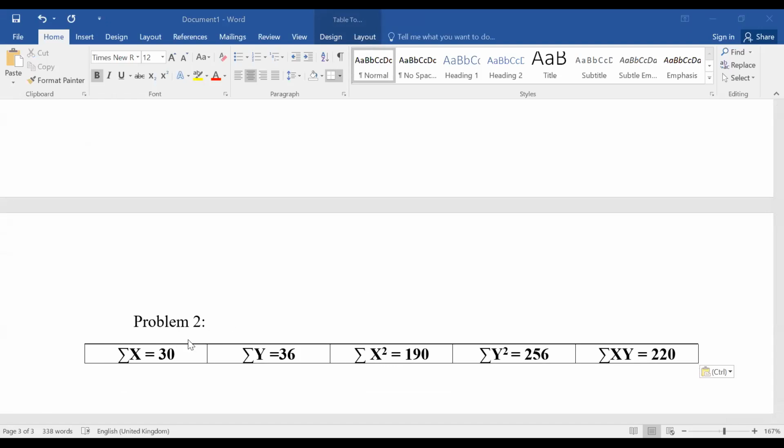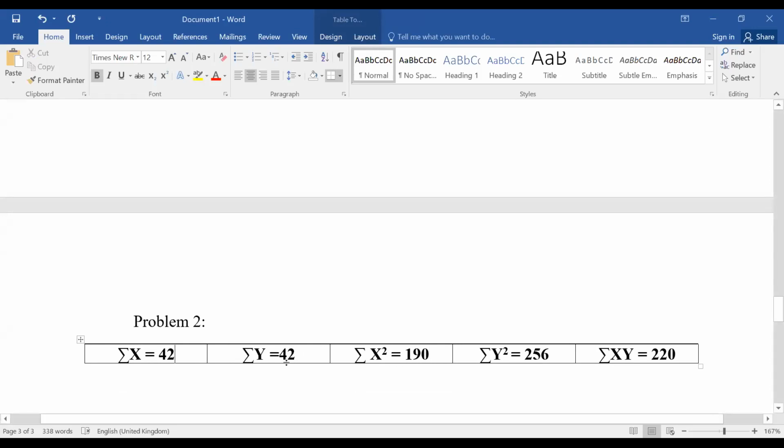43. Okay. Summation X value will be 43, guys. Summation Y value will be 42. Then summation X square. Sir, summation X is 42. Yes, sir. Okay.